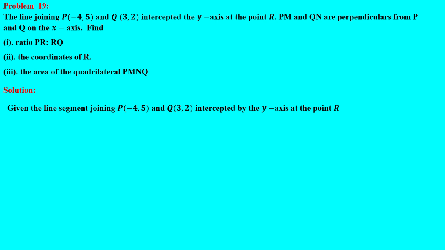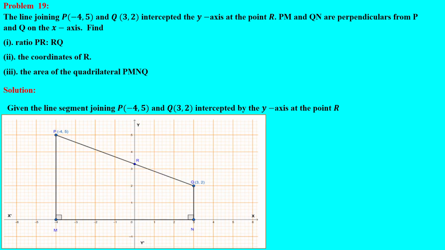So, given the line segment joining P(-4, 5) and Q(3, 2) intercepted by the y-axis at the point R. This is the drawing graph of that, right? PQ and the y-axis intersect at the point R. Hence the point R lies on the y-axis.